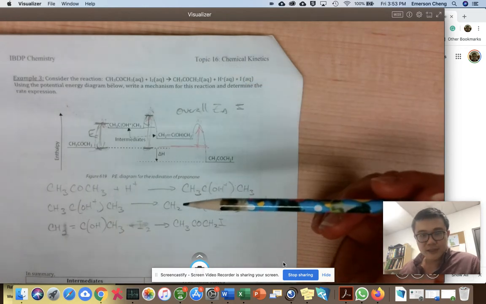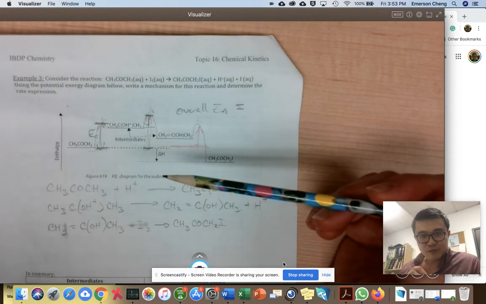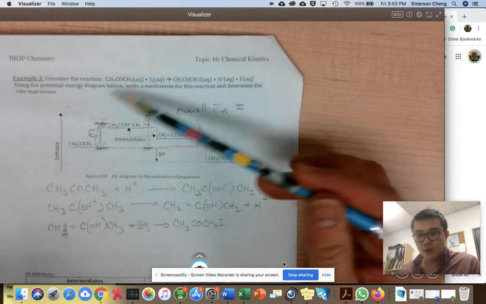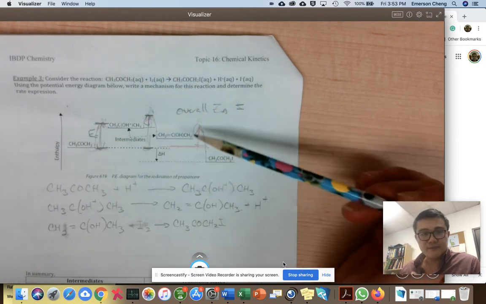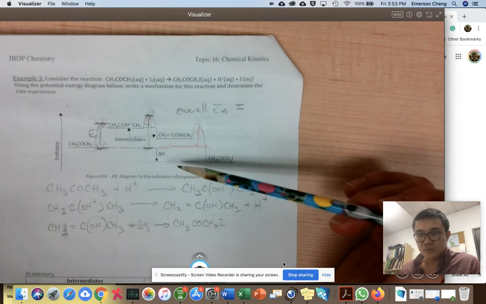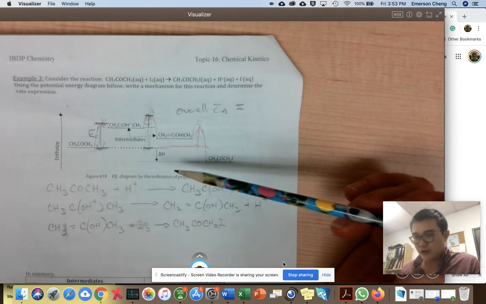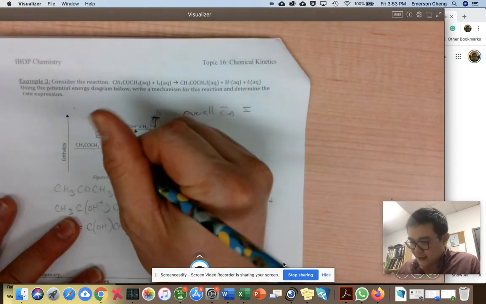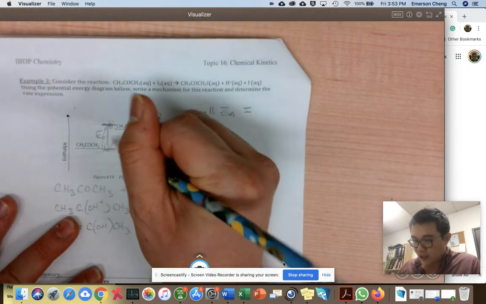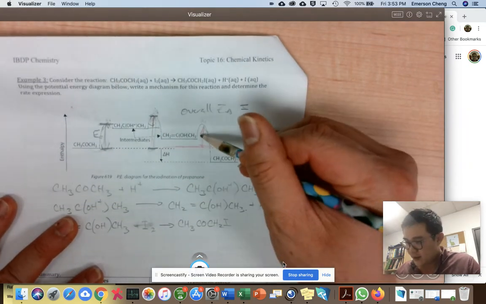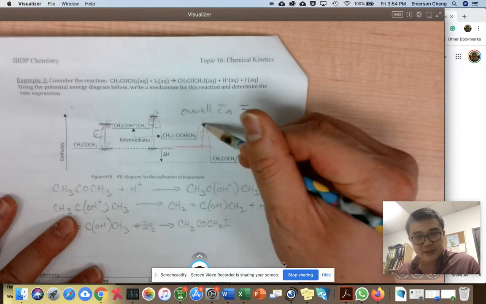Determining the rate expression for this is a really weird one, simply because of the scale we're using. In class, what we talked about was, oh, wait a minute, if we look at the individual activation energies, this Ea here is much higher than this Ea here, and compared to this Ea, that is less.